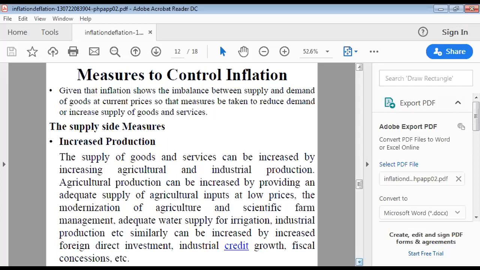These are the two areas that need to be looked into: agriculture and the industrial aspect of the economy. When these two aspects of the economy are accelerated in terms of their production level, then there will be a discontinuation of inflation.